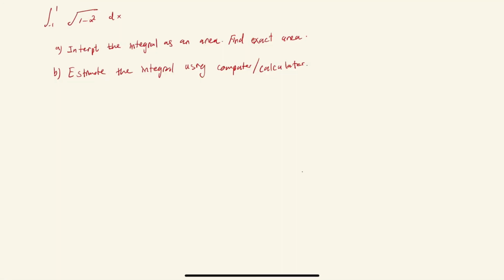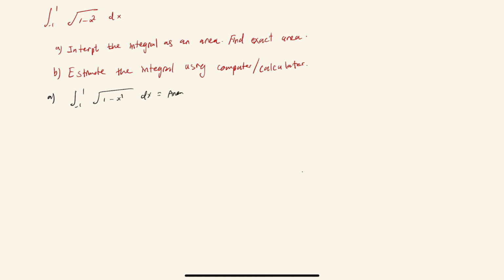Here we have this definite integral from -1 to 1 of square root of 1 minus x squared dx. Part A: interpret the integral as an area, and find the exact area. So here, the definite integral is the same as the area under the graph.